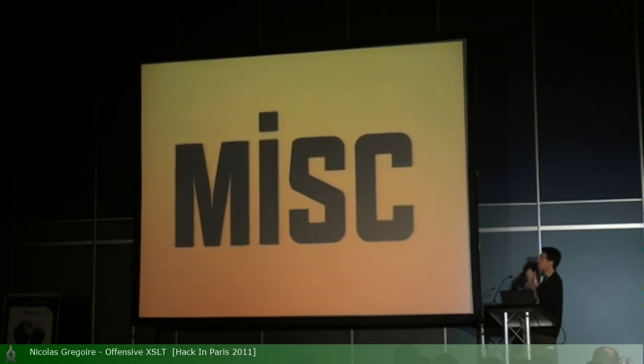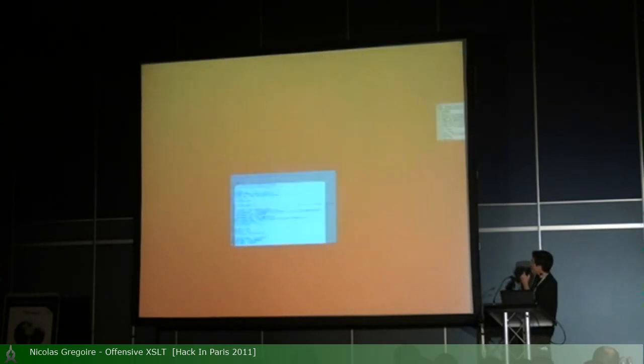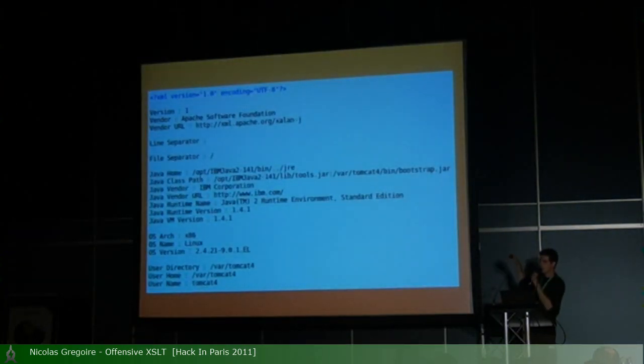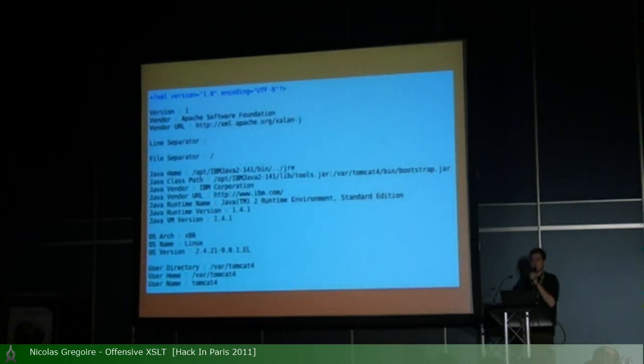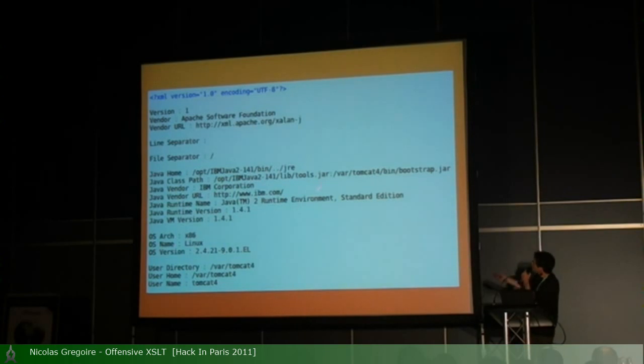And there I have just some screenshots. I can't give the name of the underlying application, but it's somewhat interesting. It's a special XSL file which is designed to fingerprint the XSLT engine configuration. Not only Xalan, but any engine running under Java. So here we have some information about the context.